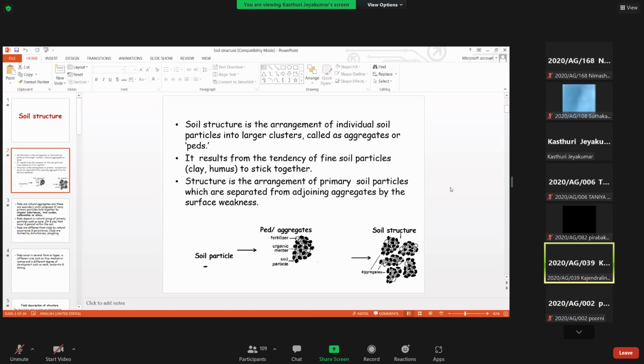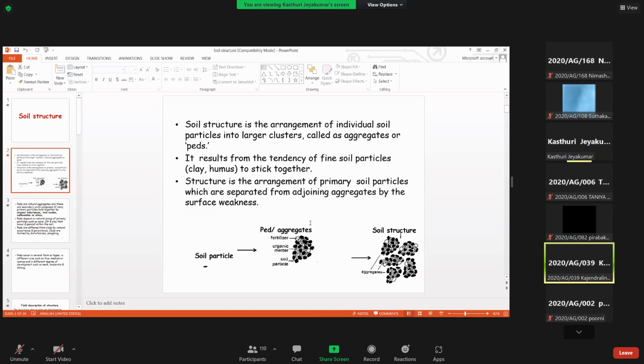The structure is arrangement, which means they arrange themselves like this in the soil structure picture, and are separated from adjoining aggregates by surfaces of weakness, that is, divided by the space between the soil particles.